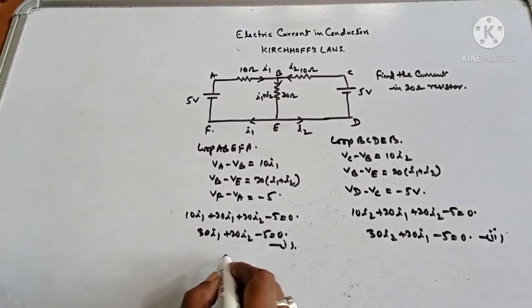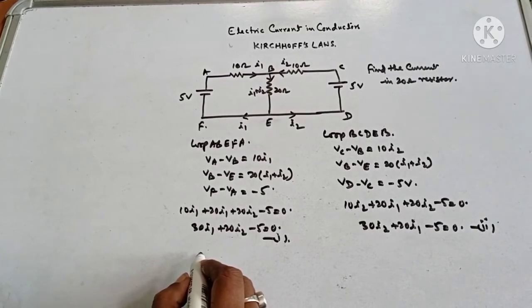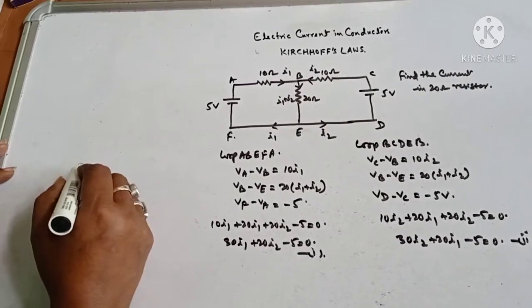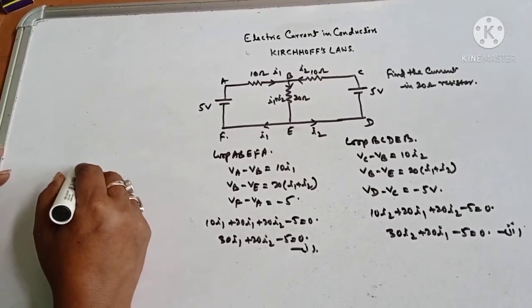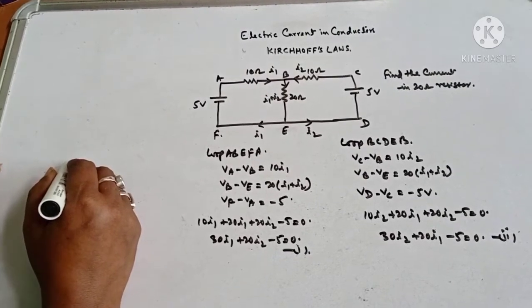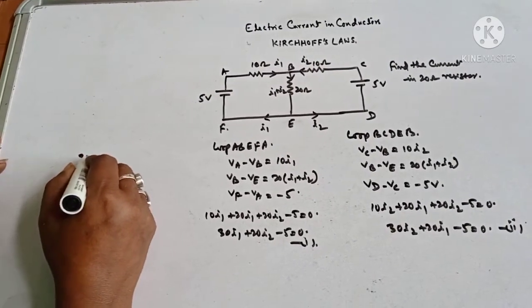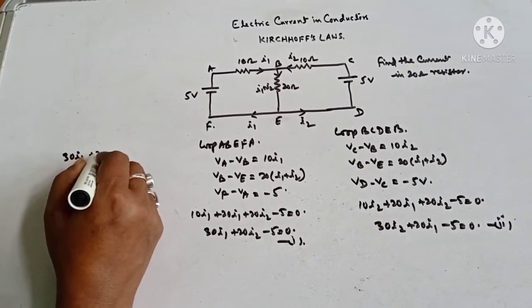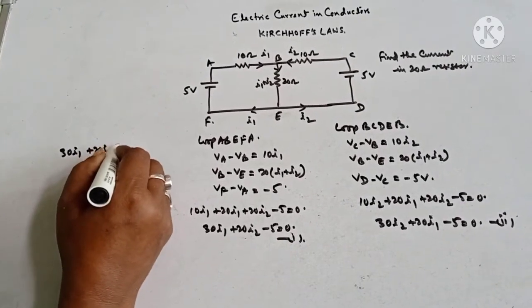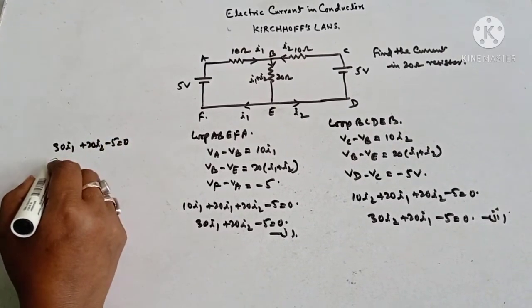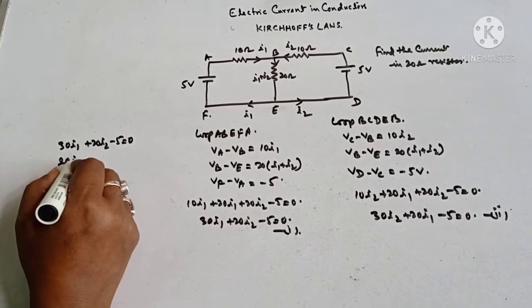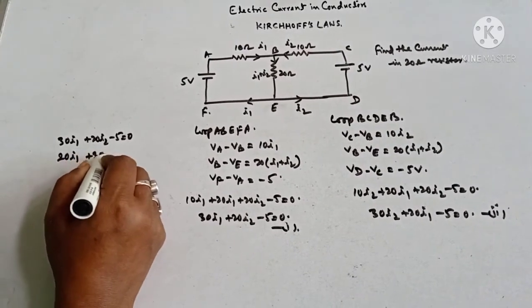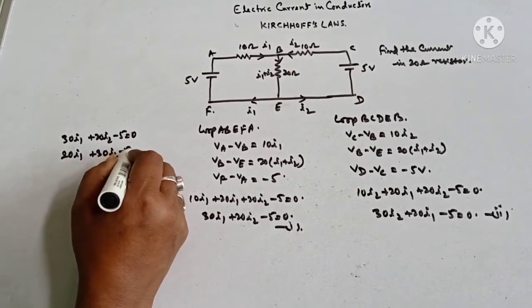Now I am going to solve these two equations. First equation, 30I1 plus 20I2 minus 5 equal to 0, and the second is 20I1 plus 30I2 minus 5 equal to 0.